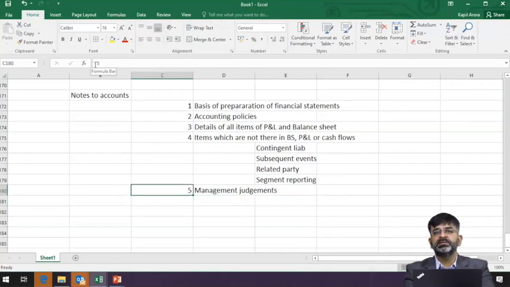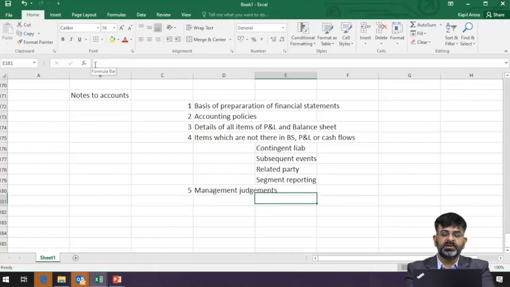Now what could be the management judgments here? Management judgments could be related to the life of the asset, right? Could be related to anything which management has taken a call for. Any call management has taken has to be explained in the management judgments note.